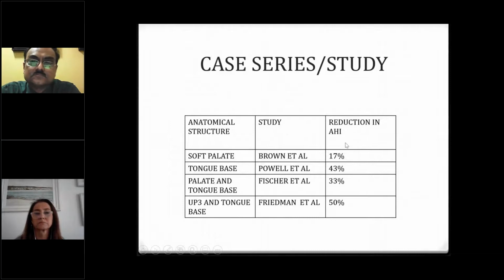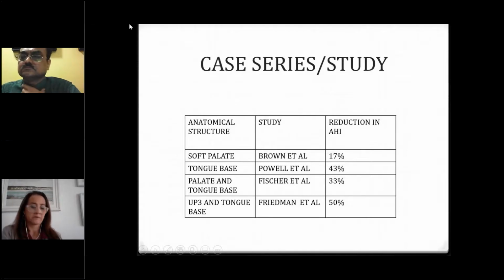The soft palate study shows a reduction of 17% with radiofrequency ablation, tongue base by 43%, palate and tongue base together by 33%, and uvulopalatopharyngoplasty and tongue base combined shows a significant reduction in AHI by 50%. So in short, these are the study results of radiofrequency ablation with or without other procedures.